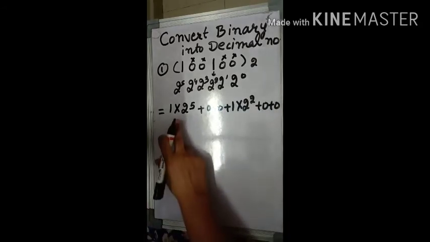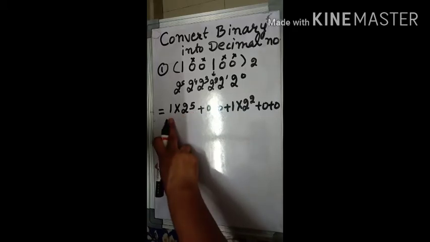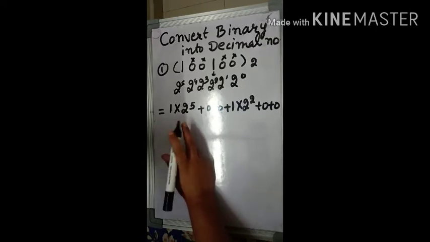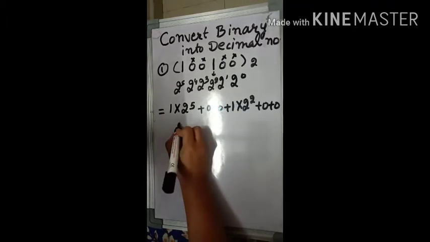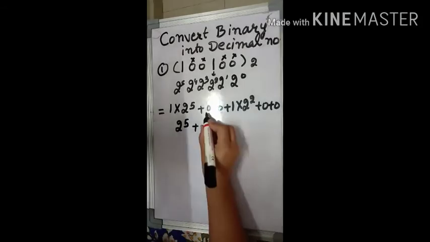So we need to multiply this 2 raised to power 5 with the 1. That means we will get the same number, because when we multiply any number with 1, the result is that same number. So let's write it: 2 raised to power 5 plus 0.